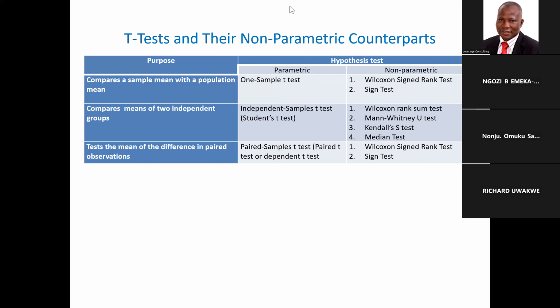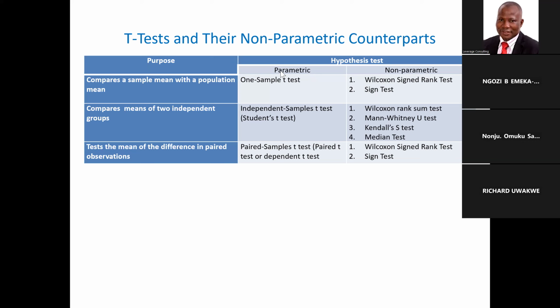Now, this table is just for us to look at t-tests and their non-parametric counterparts. For example, when the purpose is comparing a sample mean with a population mean, that's the one sample t-test. We did this yesterday. The non-parametric counterparts here are the Wilcoxon signed rank test and the sign test.